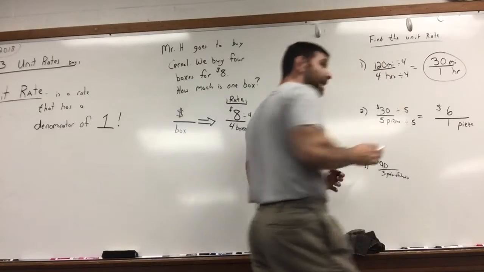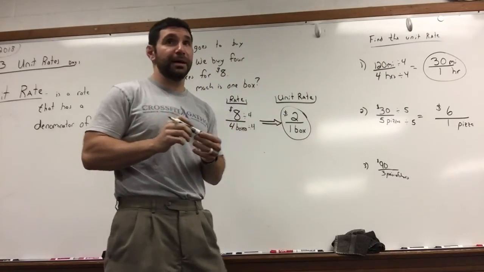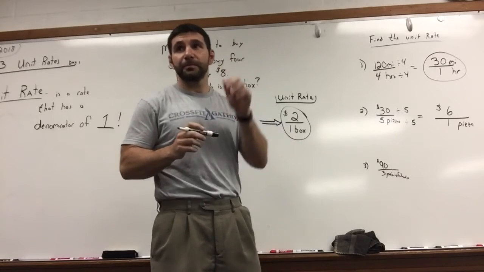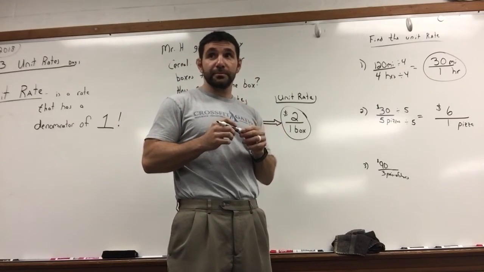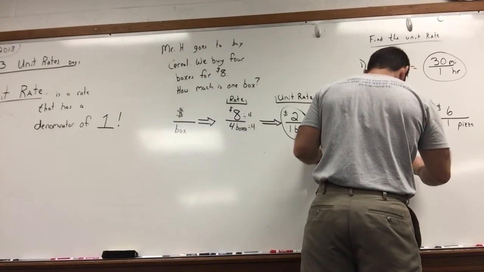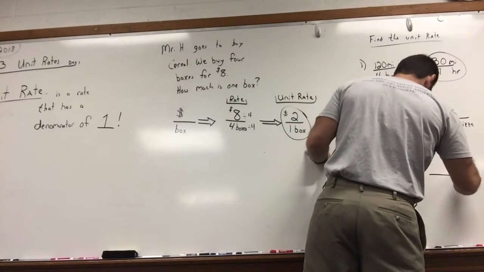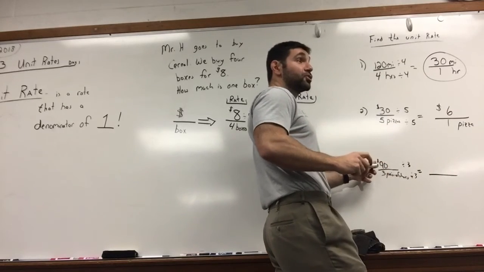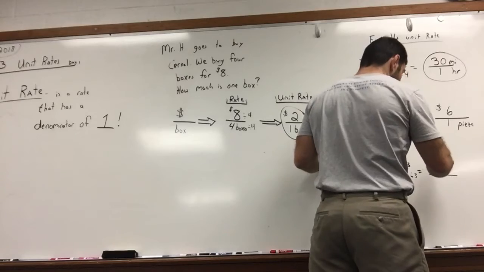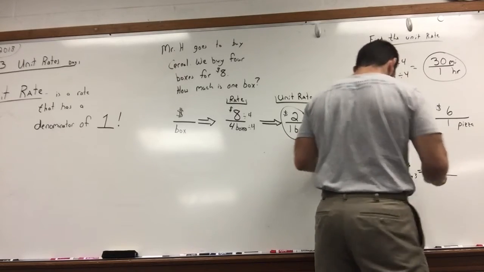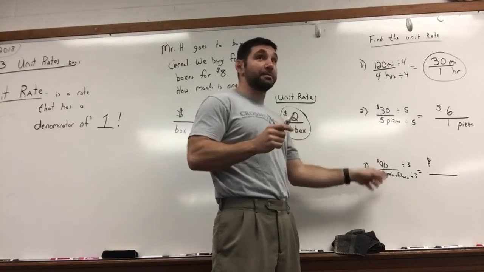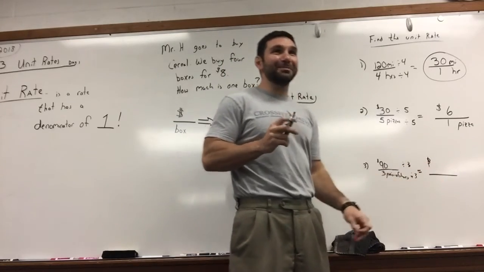What am I going to divide each of the last one by? Connor, what am I going to divide both of number 3 by? 3. By 3, very good, sir. So I divide both the numerator and the denominator by 3. If it's dollars on the top, Izzy, what's it have to be on the top? Dollars. If it's a pair of shoes on the bottom, what's it on the bottom?